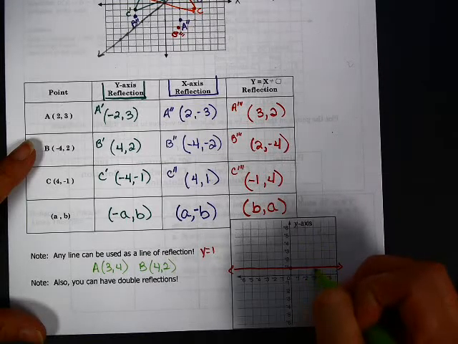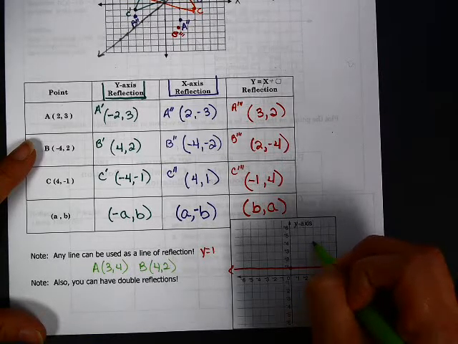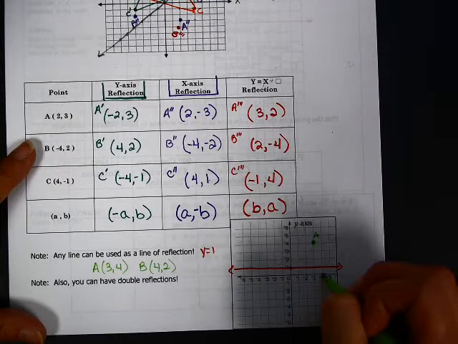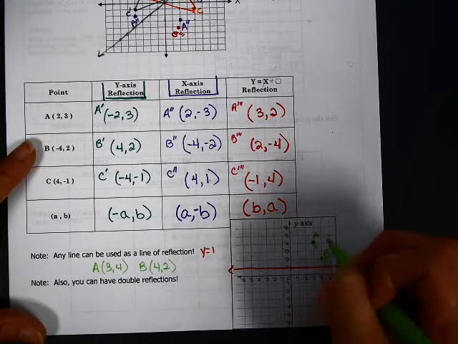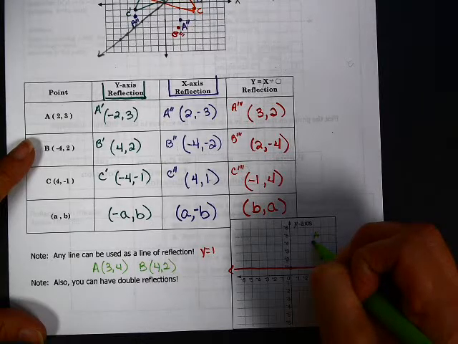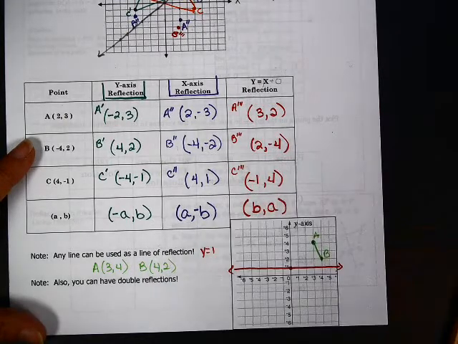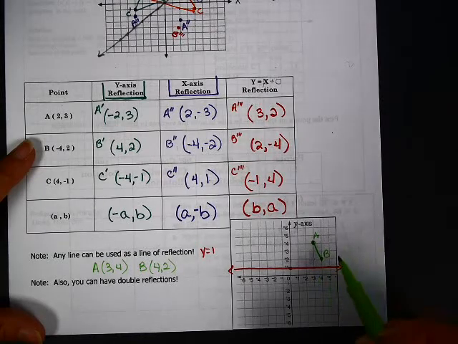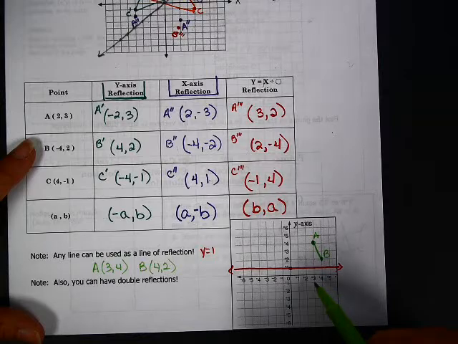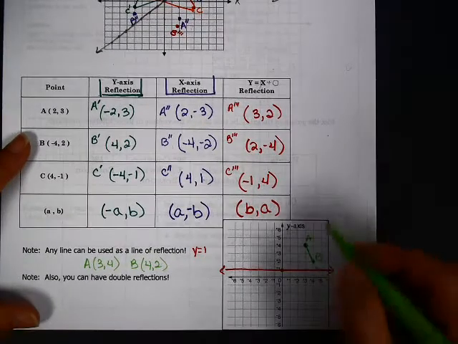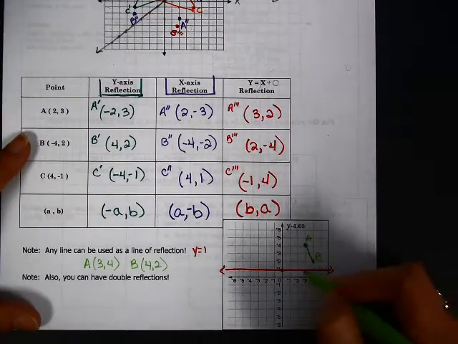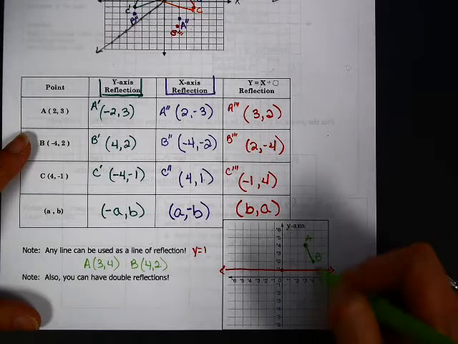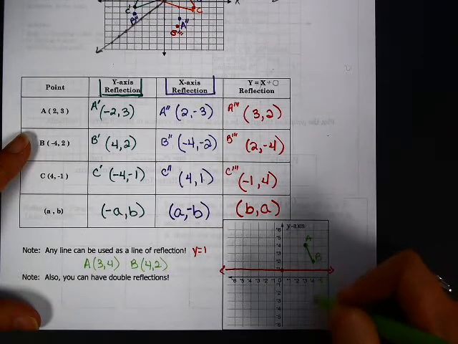1, 2, 3, 1, 2, 3, 4. There's point A, and B is at 4, 2. So here's my image, and I'm going to reflect it across y equals 1. Since this is my line of reflection, I'm going to be doing a vertical move.